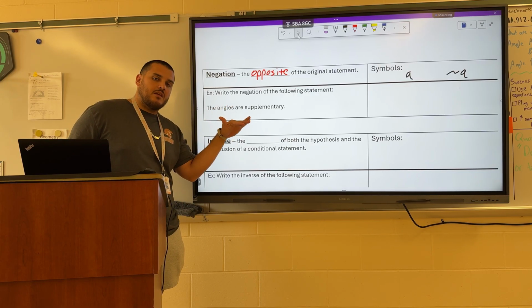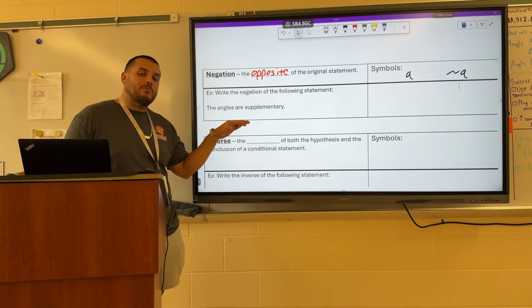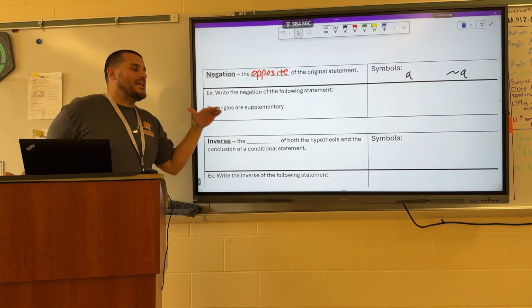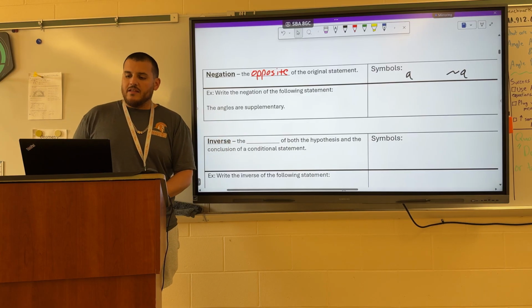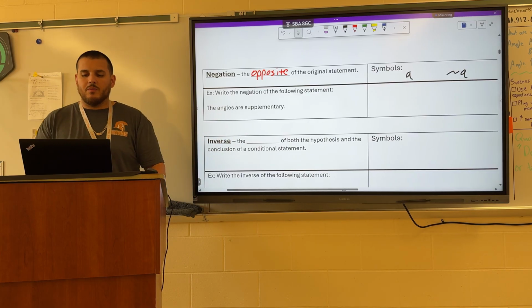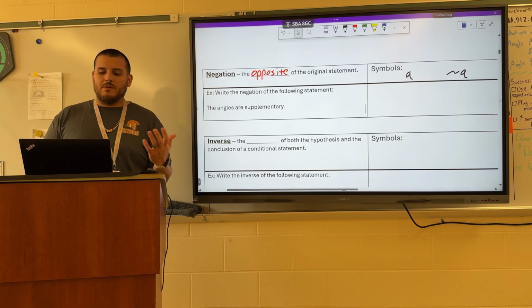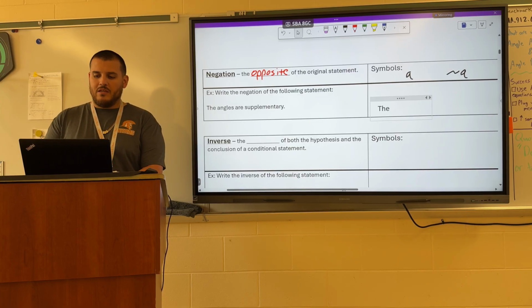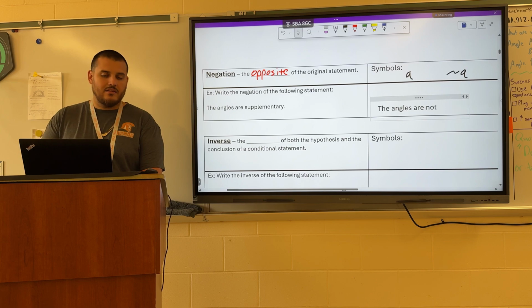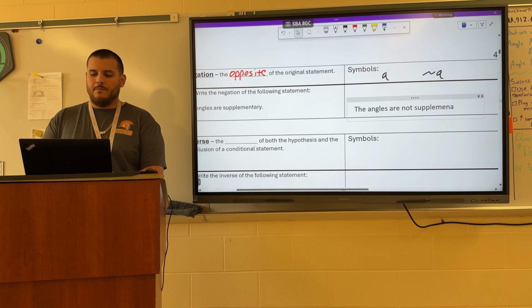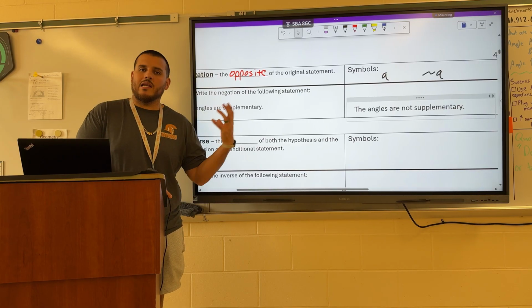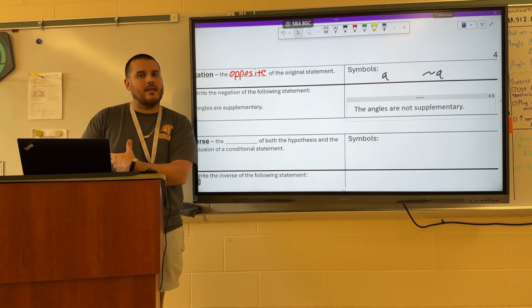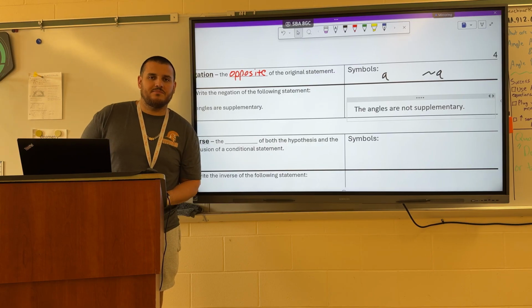So this is not a conditional statement, it's not an if-then form, can't even be put in if-then form, but we can negate it by just saying the opposite of what it says. This says the angles are supplementary. Well, the negation would just be saying the opposite of that, so that would be the angles are not supplementary. And that's typically how negation is going to work throughout this unit. We're going to be adding nots or taking away nots to negate statements.